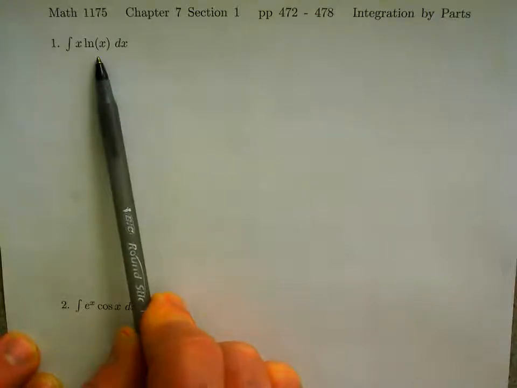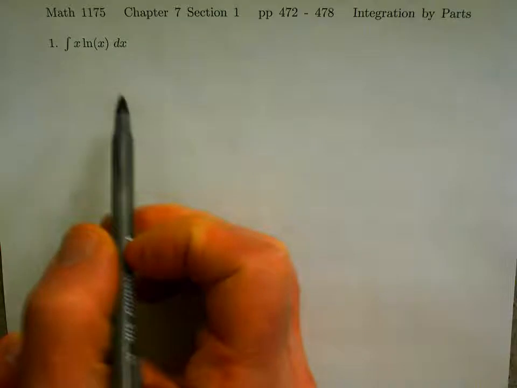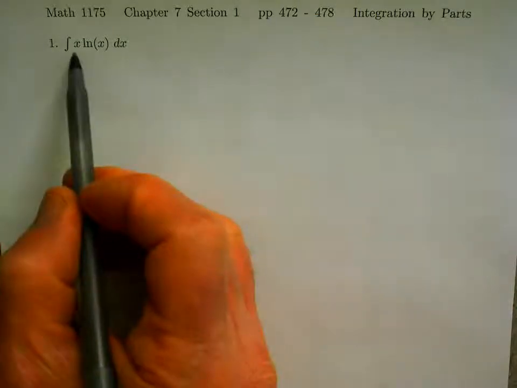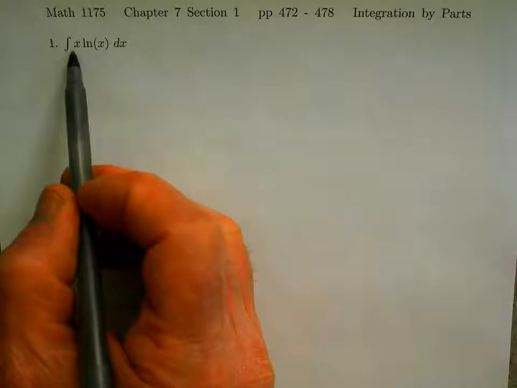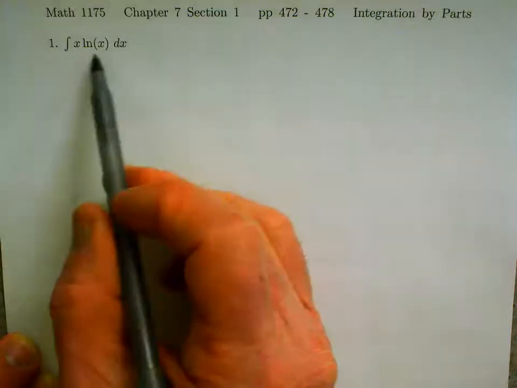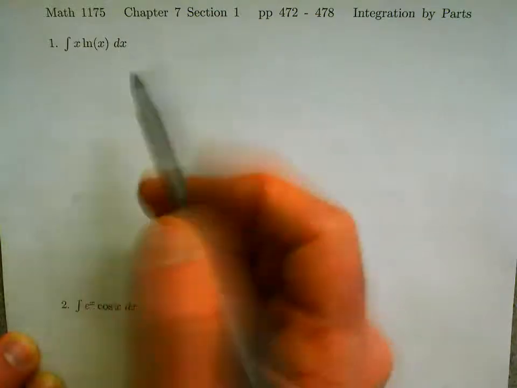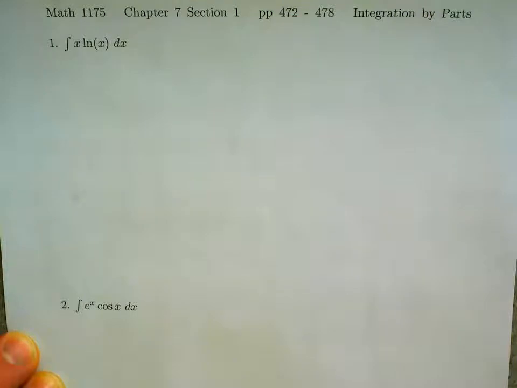But what's an antiderivative for the natural log of x? So what I'm considering is if I pick f of x to be x, or u to be x, that means dv is the natural log of x dx. And what's an antiderivative of the natural log of x?